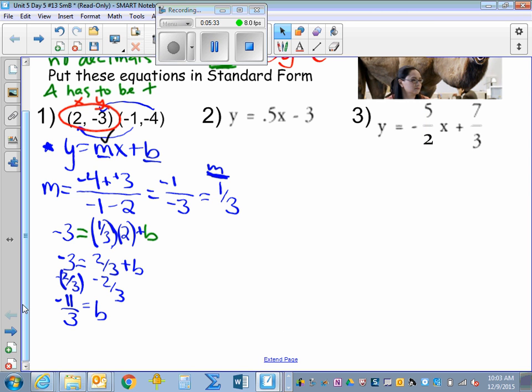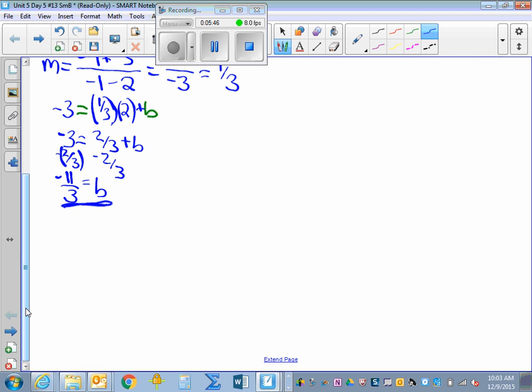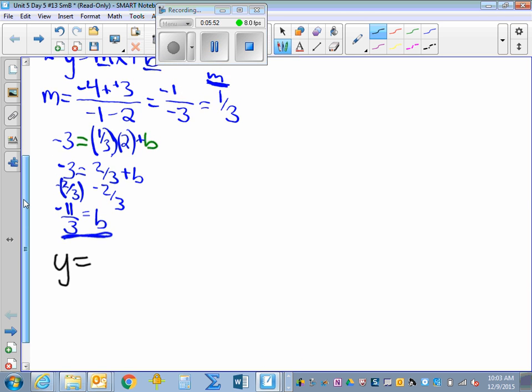Alright, so now that I have my b value, I can write out my equation. Tayshawn, help me out here. What is my equation? I found my slope and I found my b value.